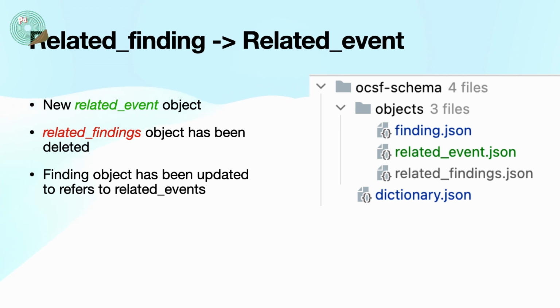So we should provide a way to refer to events. As a result of this, now we have a related event object, and also the finding object has been updated to refer to the related events object, which was earlier referring to the related findings object.